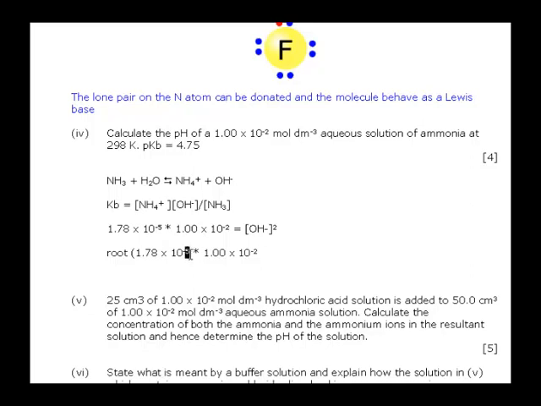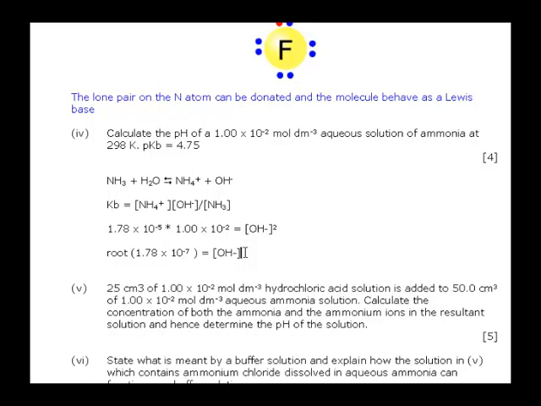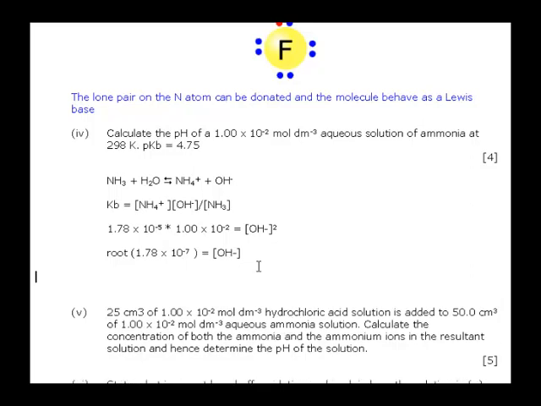That just becomes minus 7, and we've done our calculation, so the square root of that equals the OH minus ion concentration. Let's just put it in the same line. So we've got the square root of that, and it comes to 0.00422, to three significant figures.